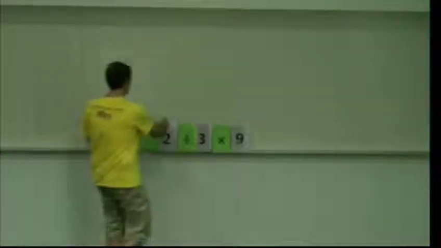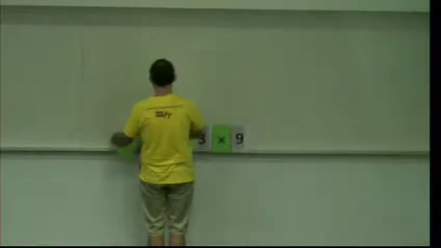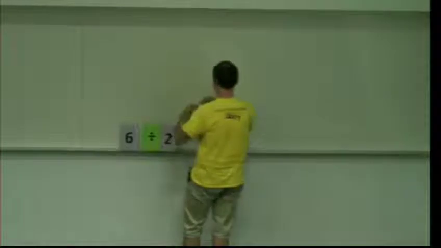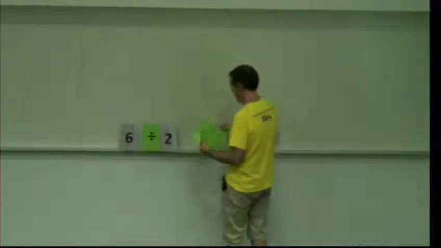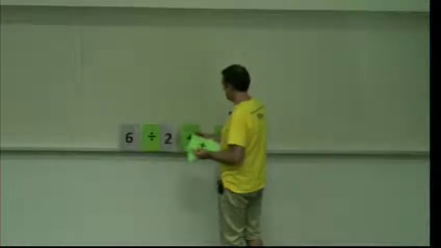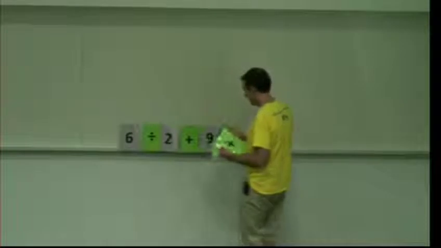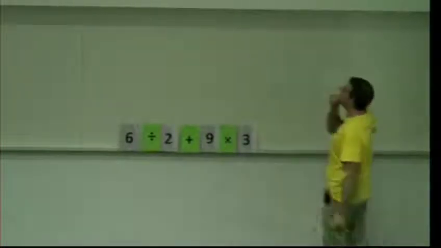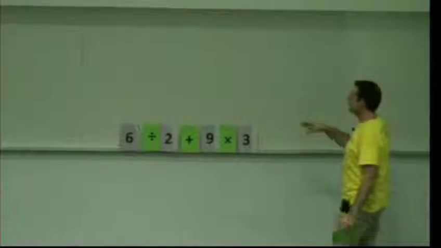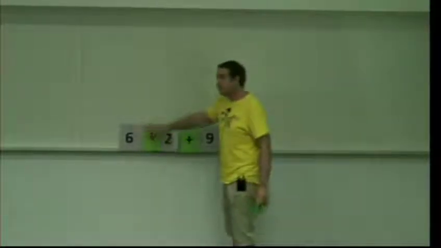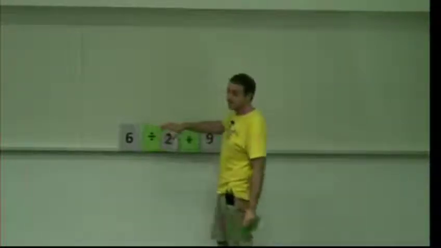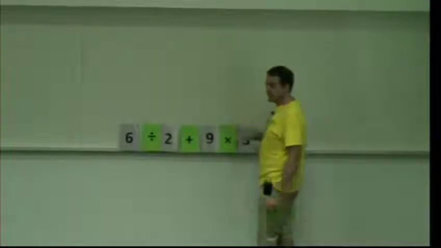So here we go. Let's put some pluses back. I'll leave my divided by 2. So that one there, the 6 divided by 2 is attached together, okay? And the 9 times 3 is attached together.